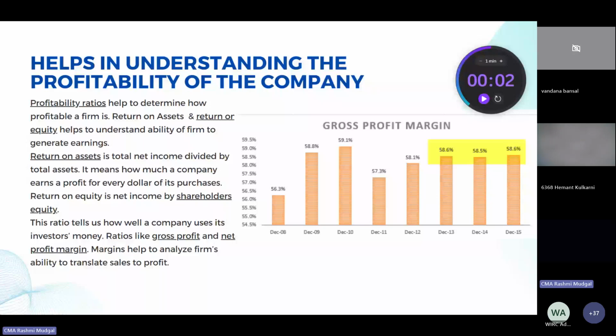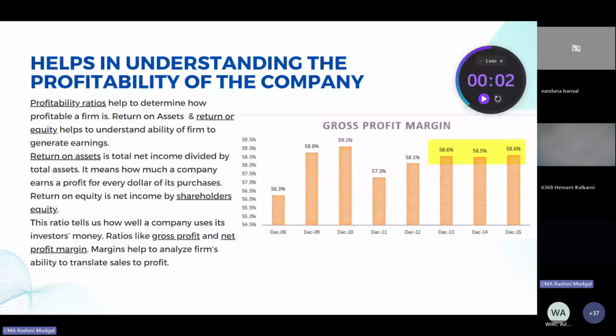It means how much profit a company earns for every dollar of assets. Return on equity is net income divided by shareholders' equity. So this ratio tells us how well a company uses its investors' money.